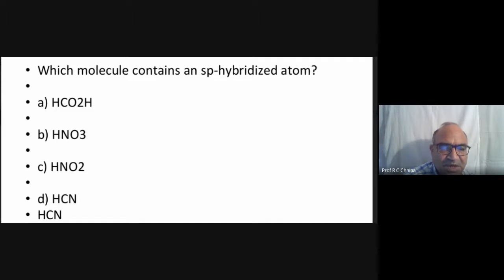Here a carbon double bond may appear, but not a triple bond. The last one, D, is hydrocyanic acid. In HCN, carbon is tetravalent, one valency goes to hydrogen and the other three valencies combine with the nitrogen atom.